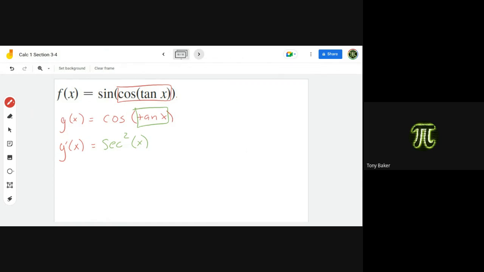What's the derivative of cosine x? Negative sine. So it's negative sine tangent x. Because that piece has got to stay inside.